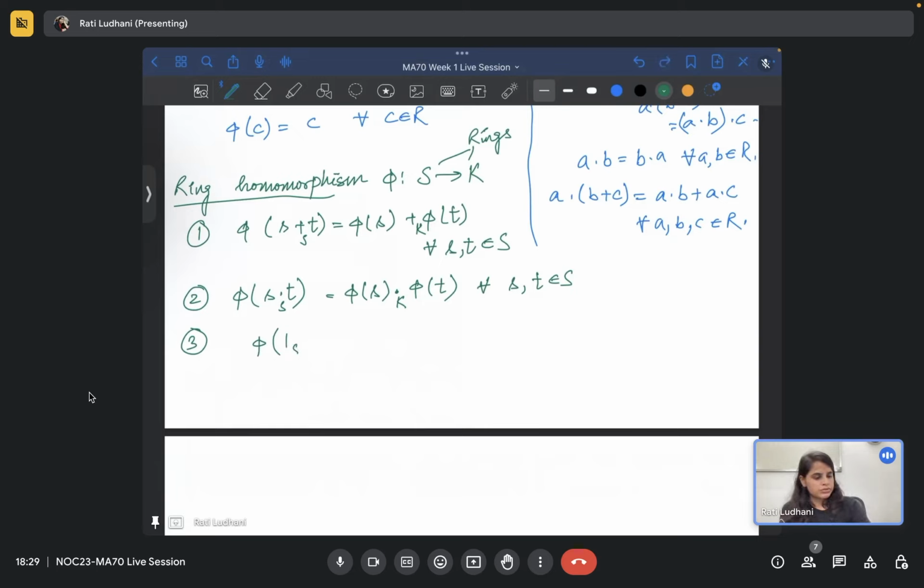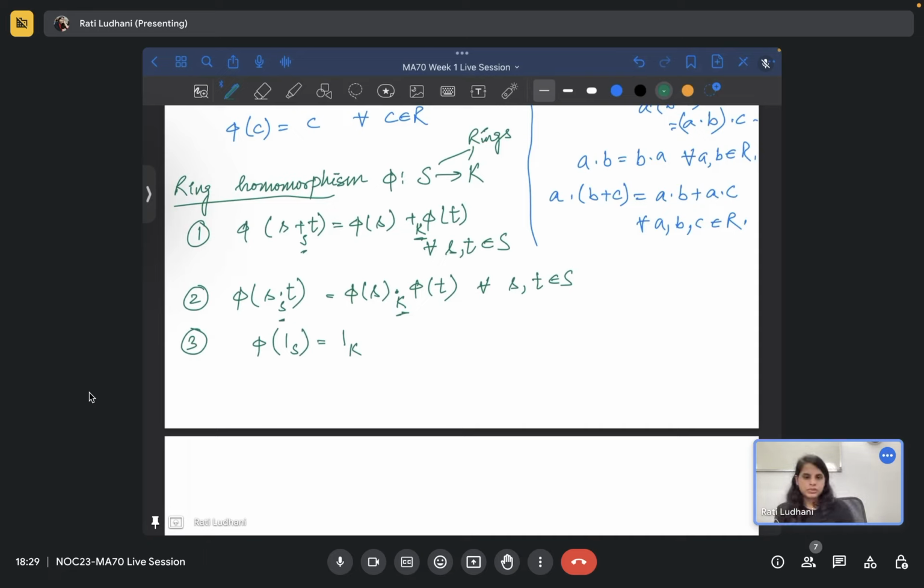Okay, so phi of 1_S is equal to 1_R, so it maps the multiplicative identity to the multiplicative identity. Again, we will not write these suffixes for the addition and multiplication, because it is understood, since they are defined only in that ring.